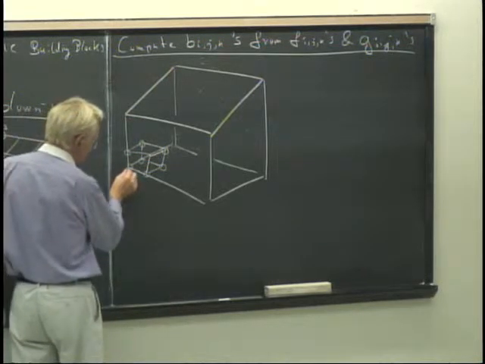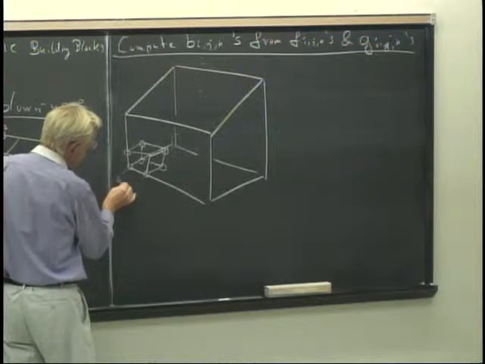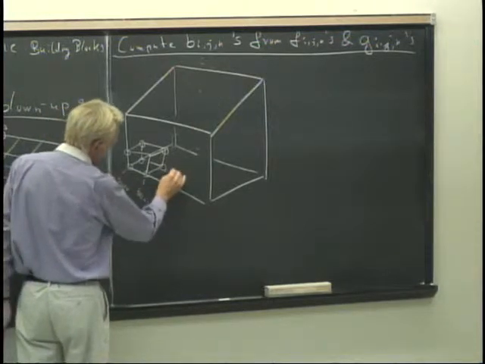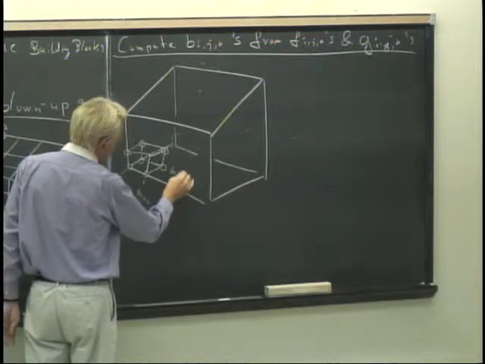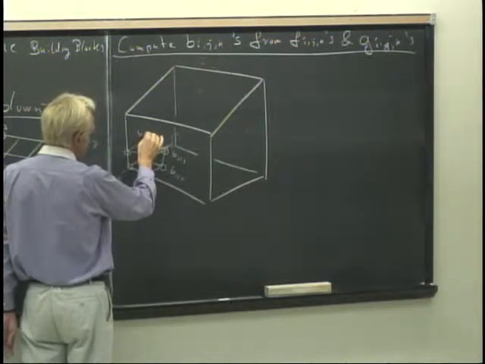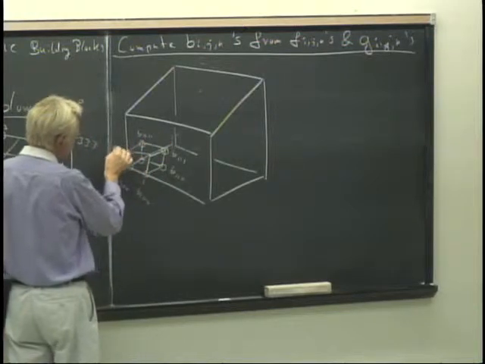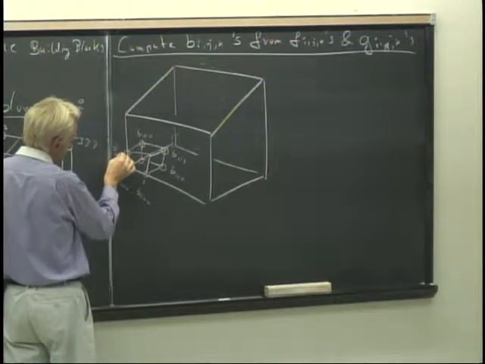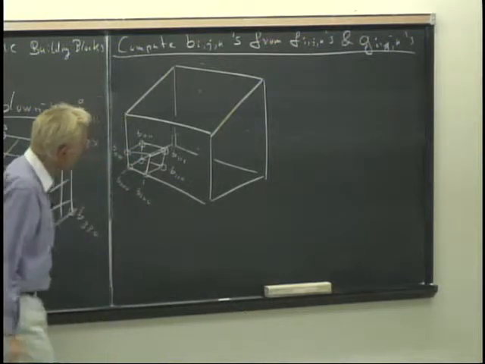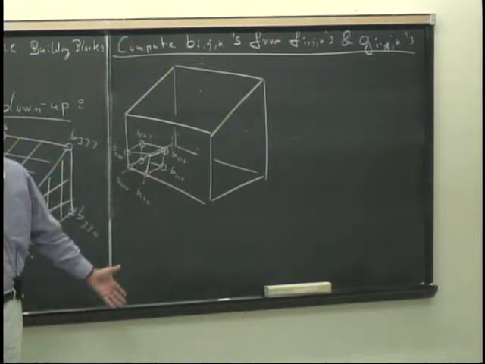So these guys are B000, this guy is B100, this guy is B110, this guy is B111, this one is B011, this guy is B001, and you know what the name for the last one is, okay?